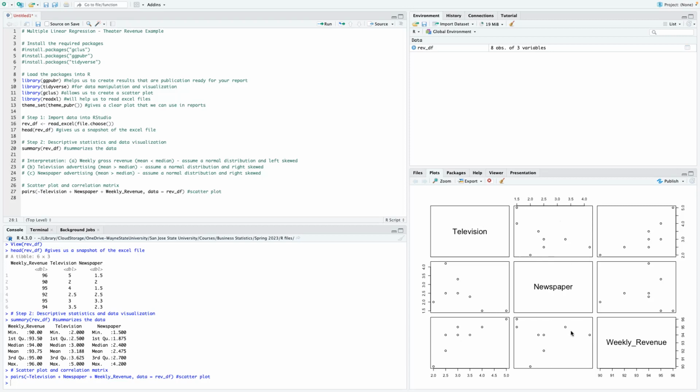And down here, this is newspaper and weekly revenue, so weekly revenue is on the y-axis and newspaper is on the x-axis. You could also use this box here too. So that's up to you.